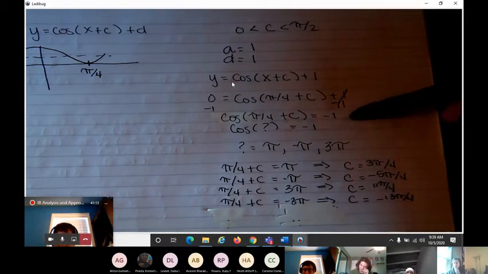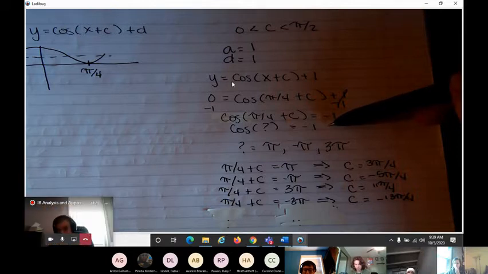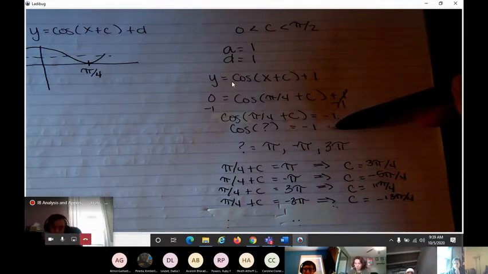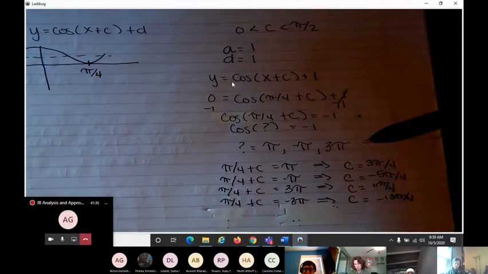And we're asking what values of cosine give us -1. Any other thoughts?